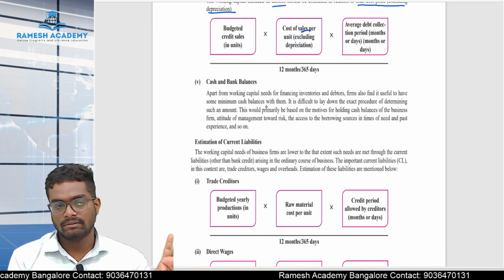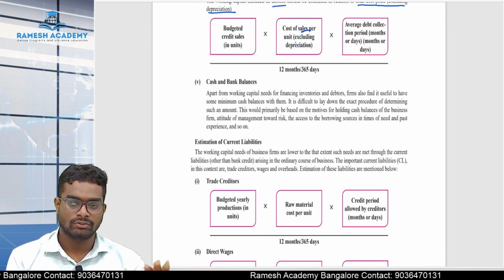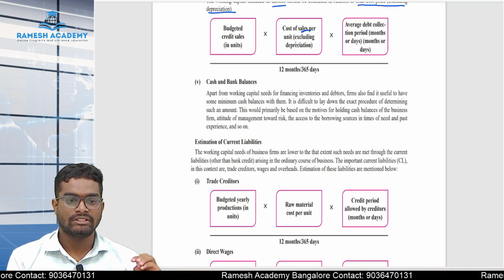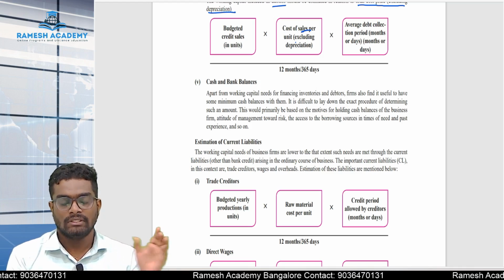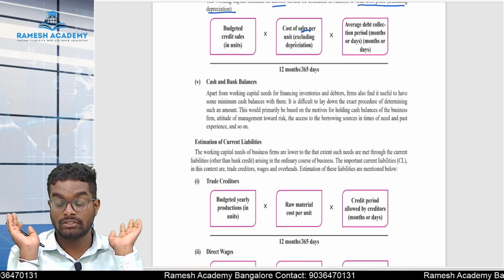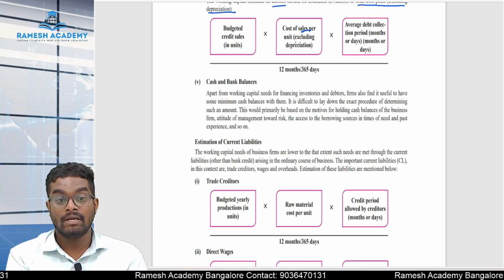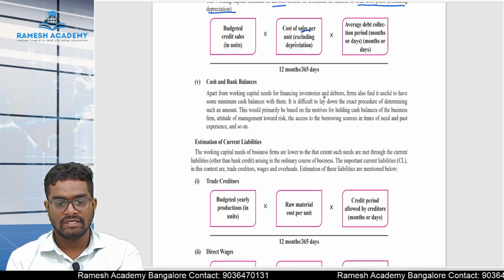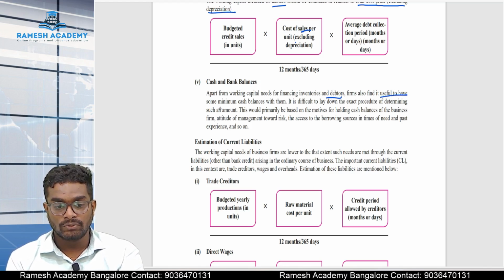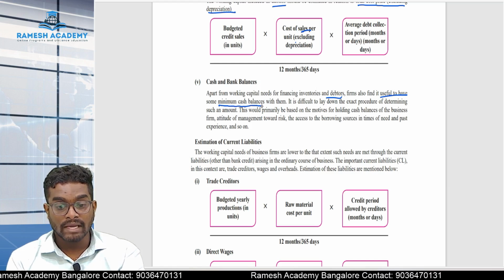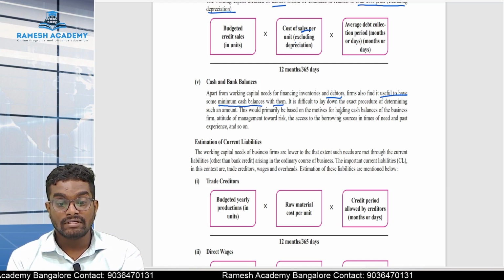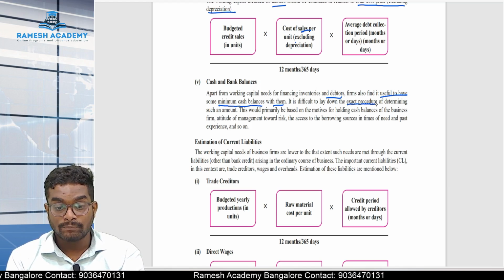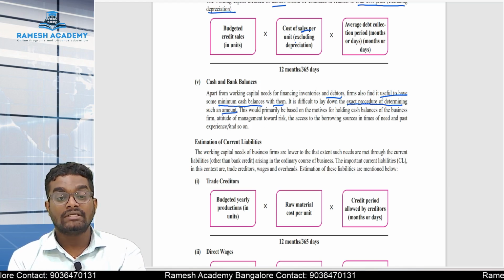Cash and bank balance. The company wants to estimate that it should have a minimum amount of cash in my bank balance or cash in hand. Apart from working capital needs for financing the inventory and debtors, firms also find it useful to have some minimum cash balances with them. It is difficult to lay down the exact procedure of determining such an amount.